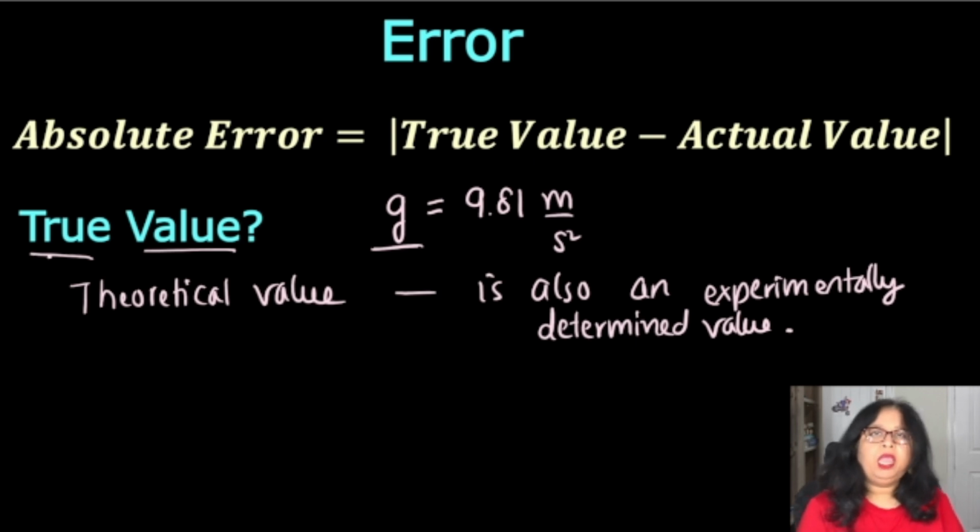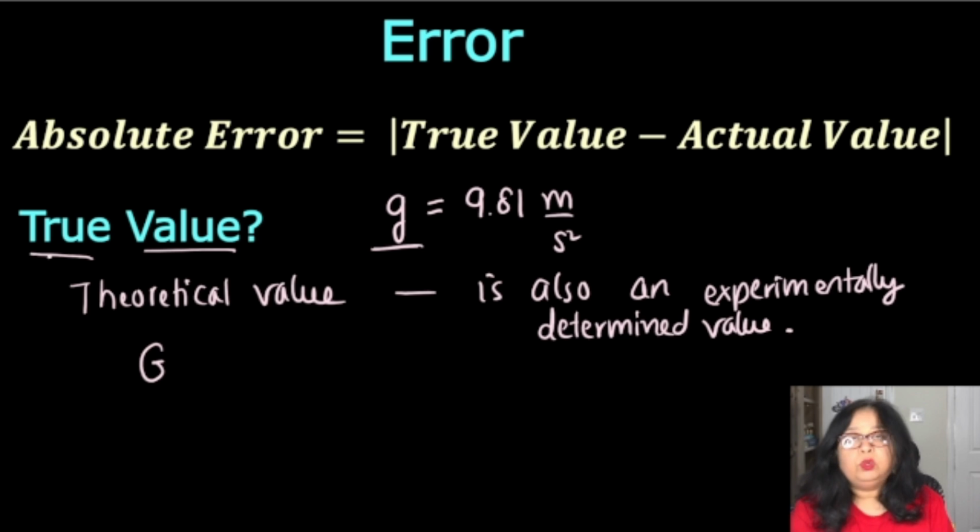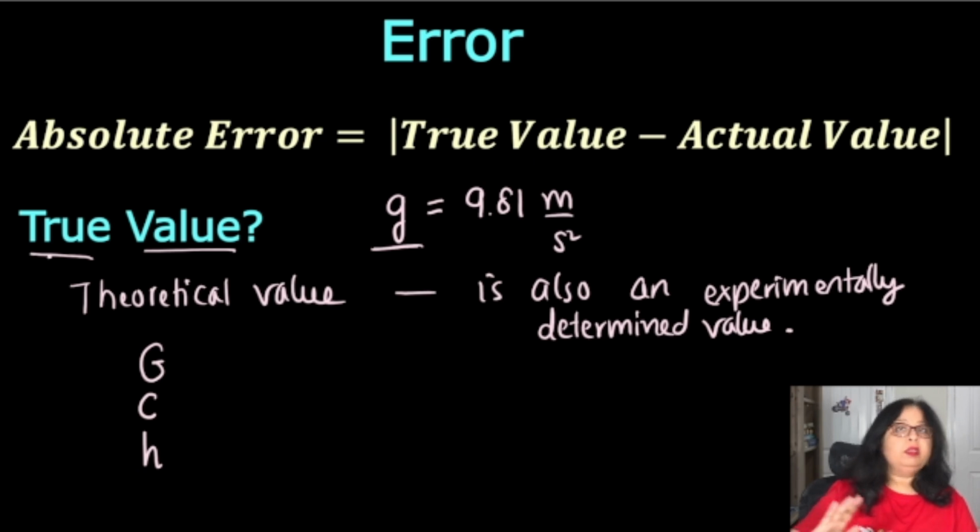Take the value of any known physical constant, uppercase G, which is Newton's gravitational constant, speed of light, c, speed of sound in air, it could be Planck's constant. All of these that we say are theoretically known constants, they have fixed values. Even they are experimentally found values.